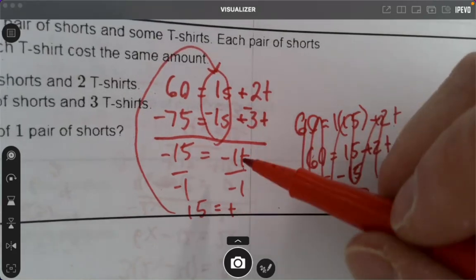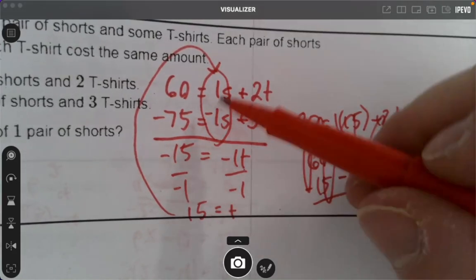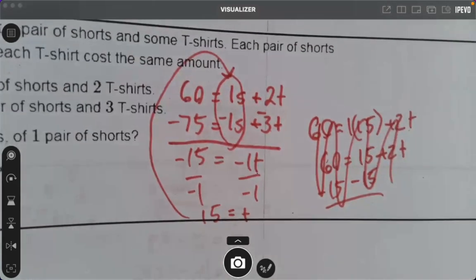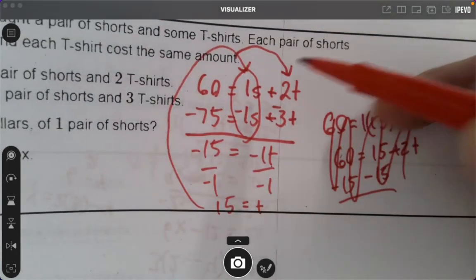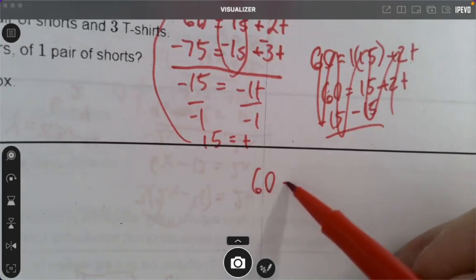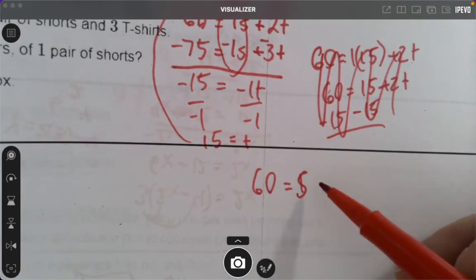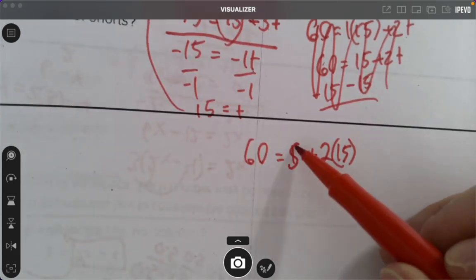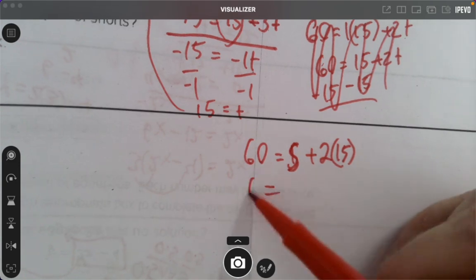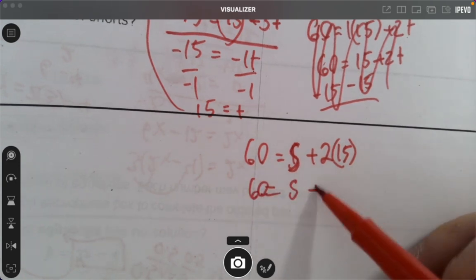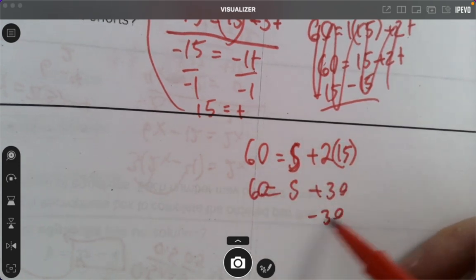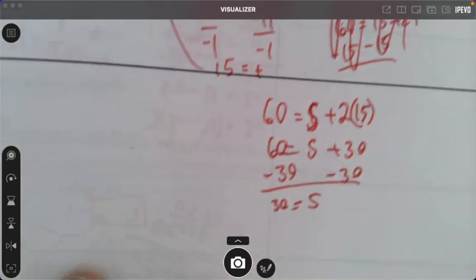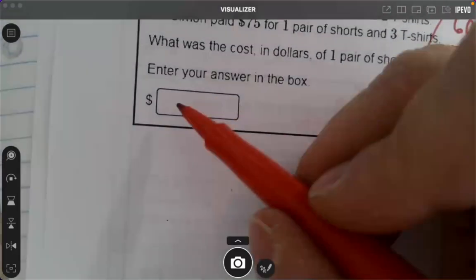I just put that in the wrong spot. The 15 is supposed to go here next to the 2. That wasn't coming out right, so I apologize. So I get 60 equals, we'll just put S plus 2 times 15. And so this is an S for shorts, and I get S plus 30, minus 30 on both sides. Shorts equals 30 for that one. So the answer there is shorts equals 30.